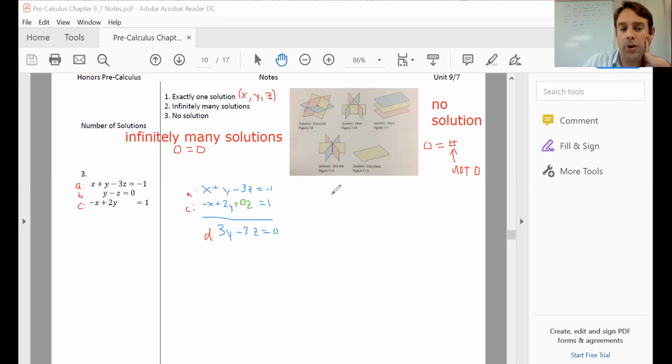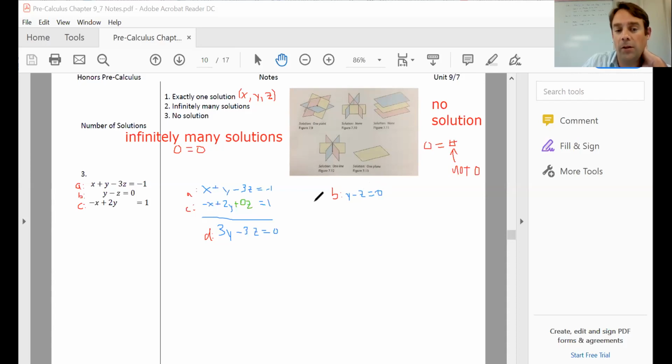So the other equation we had there was B, and that was y minus z. Now notice, it doesn't have any x's, so I don't even have to worry about it.